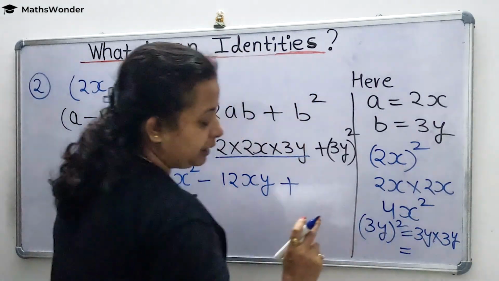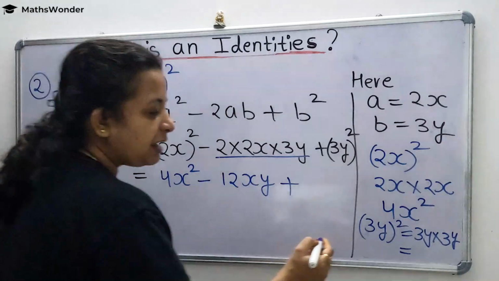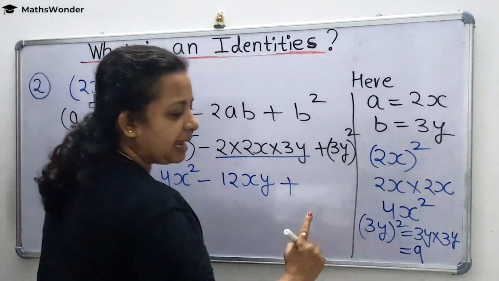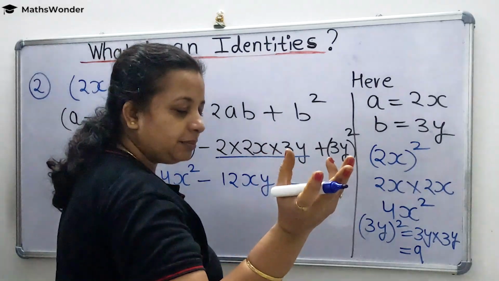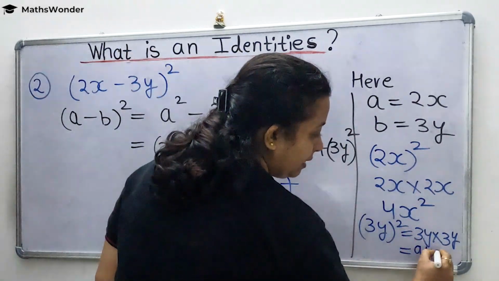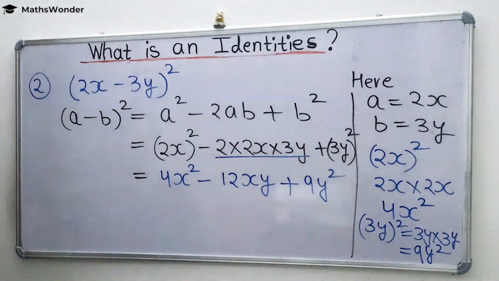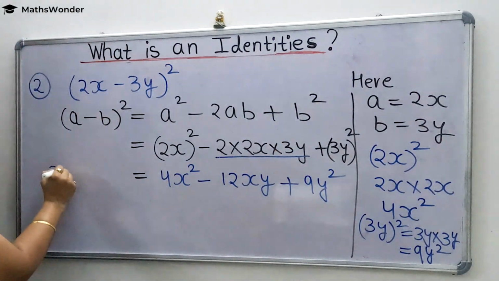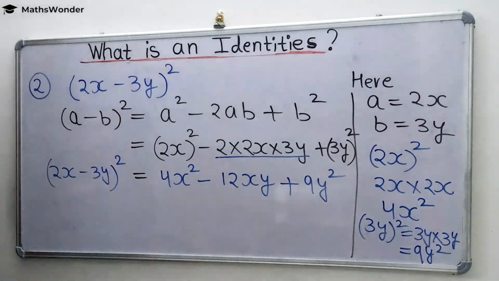So the numeric value multiplied with the numeric value is 9, 3 times 3. And y you will multiply with y, like a monomial multiplied with a monomial, so it will become y square. So it is 9y square. Now you got the answer. 2x minus 3y whole square is 4x square minus 12xy plus 9y square.